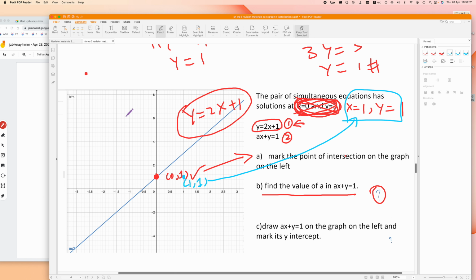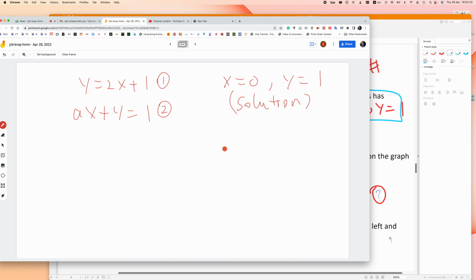Okay, now let me go back to this question. It says the solution x equals to 0, y equals to 1. So what you do first is, I'm back at the Jamboard. Can you see the Jamboard now? Yeah. So what you do is you put this x equal to 0 and y equals to 1 into equation 1 and see for yourself. So y equals to 2x plus 1.